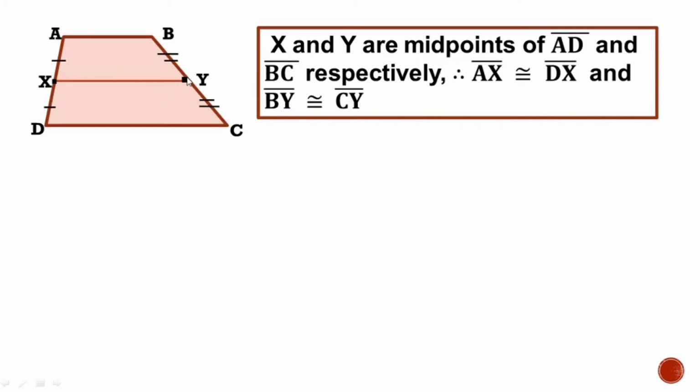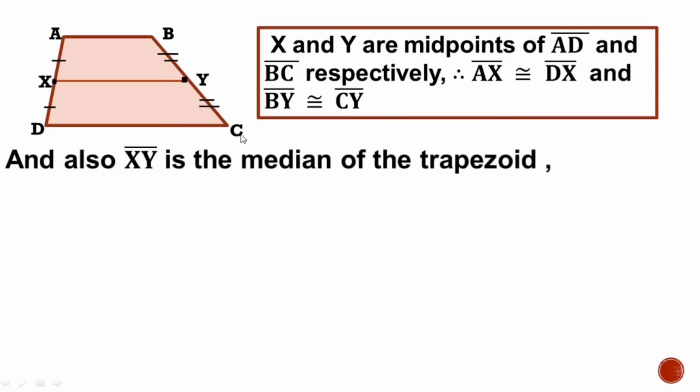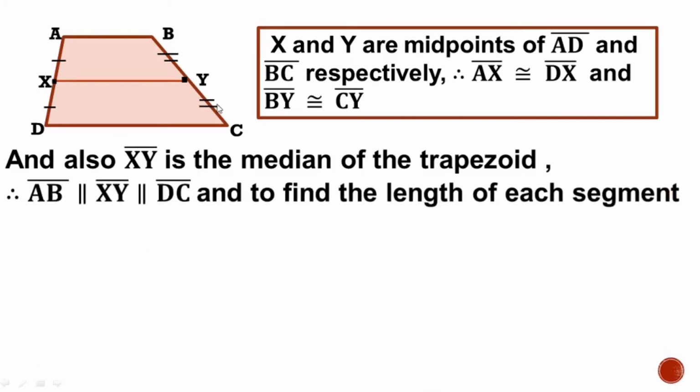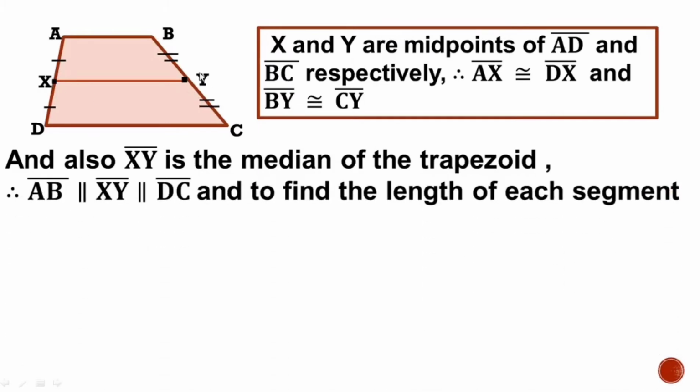Point Y is the midpoint of segment BC, therefore segment BY is congruent to segment CY. Also, segment XY is the median of the trapezoid. Therefore, segment AB is parallel to segment XY, which is also parallel to segment DC.